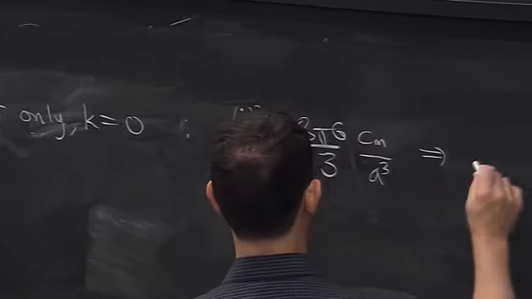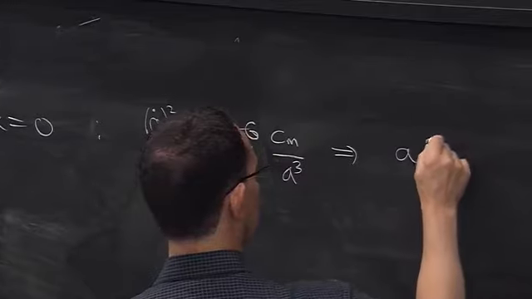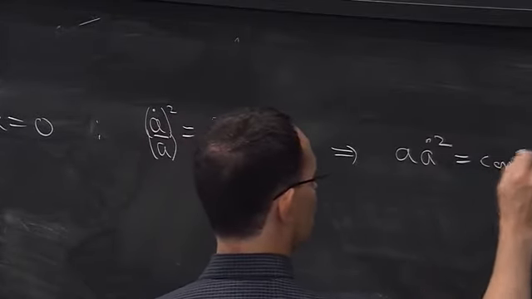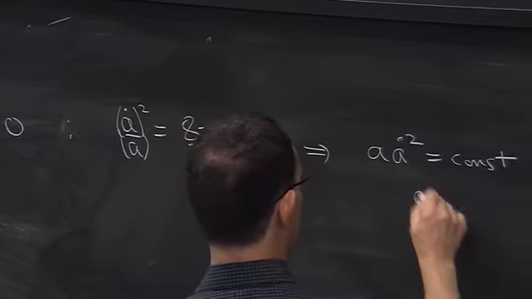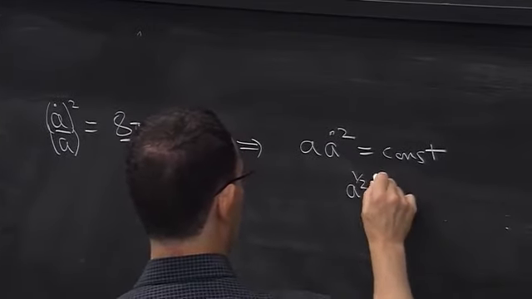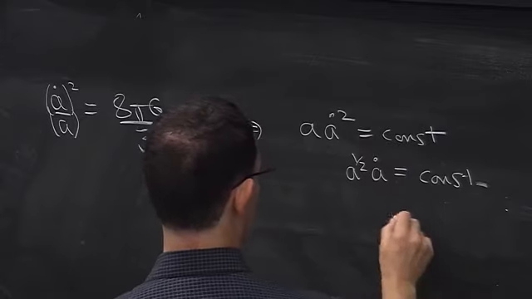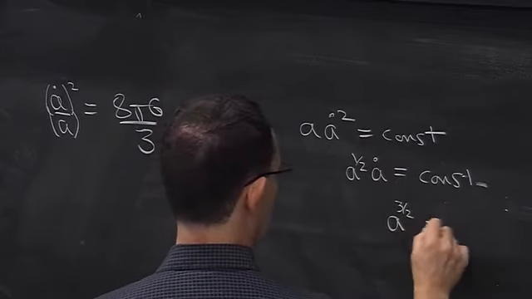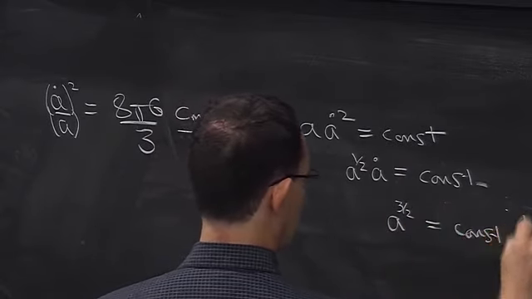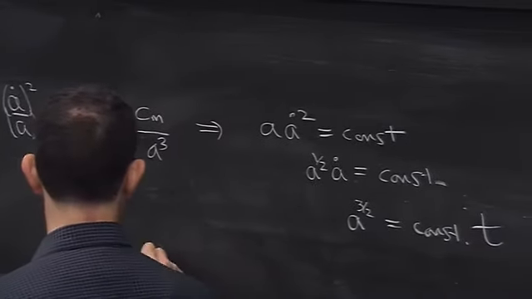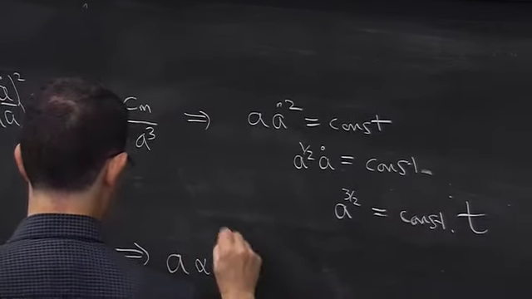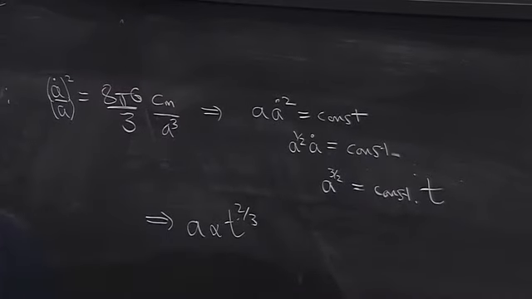Multiplying by a, you see that a dot squared times a equals a constant. So this means that a to the 1/2 times a dot equals a constant, and this means that a to the 3/2 equals a constant times t. And so a goes like t to the 2/3. If you have matter only in the universe, then the function a(t) is very simple.